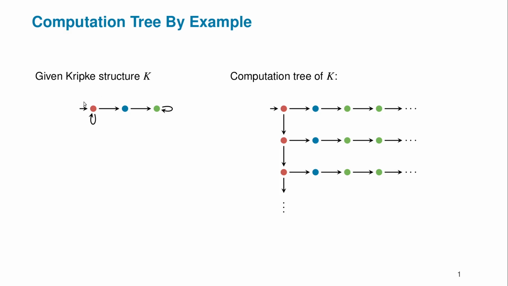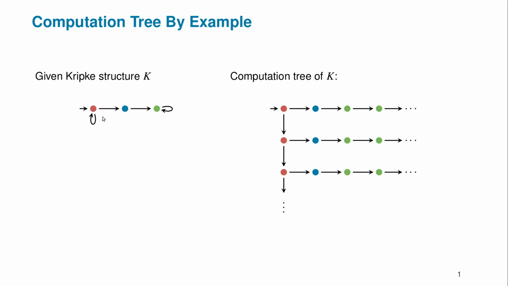And here I have a rough sketch of a Kripke structure. I did not include the propositions that hold, the atoms in the individual states, but I just marked the different states by colors.